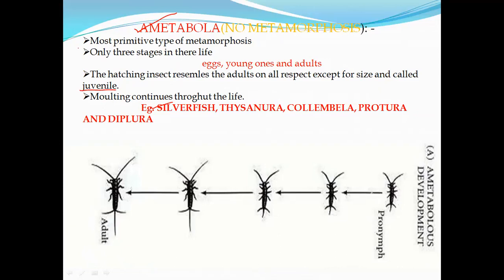Note that this is a primitive type of metamorphosis and here there are only three important stages. In this type, ametabola, the three stages are: firstly the egg stage, then the young one stage, and lastly the adult. During hatching, the young ones come out from the eggs.